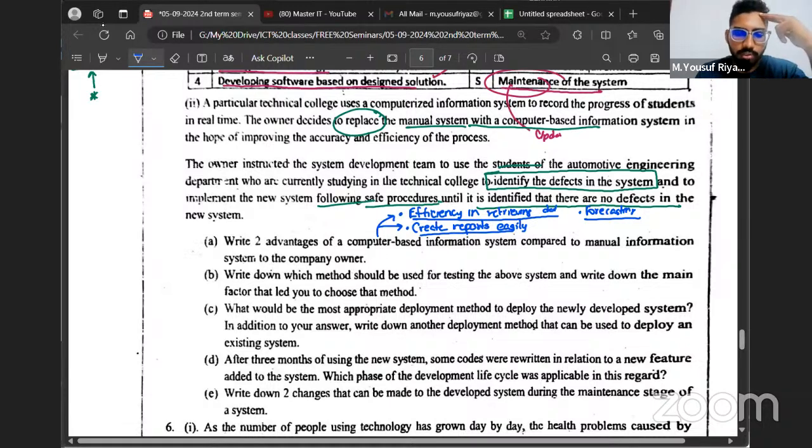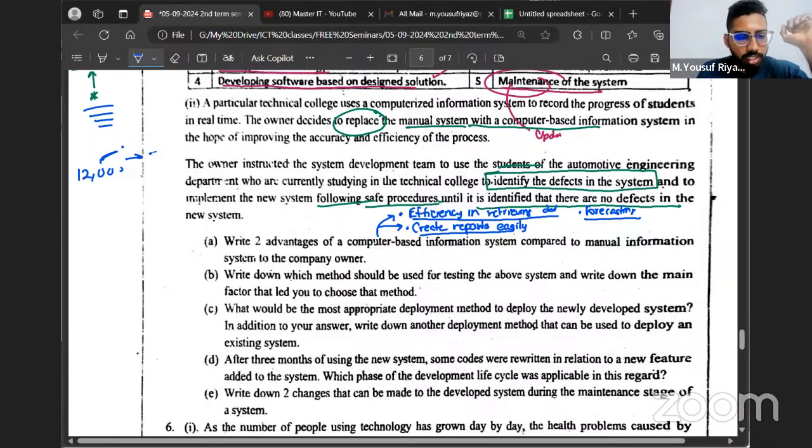For example, one of my friends is working in a company. There was a product worth 12,000. A customer came and bought around 5 or 10 products, and by mistake this person entered the wrong product code. Every product has a product code, so you scan the product code.